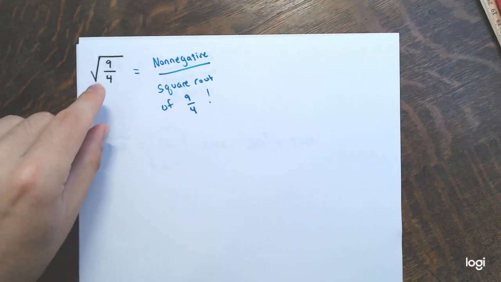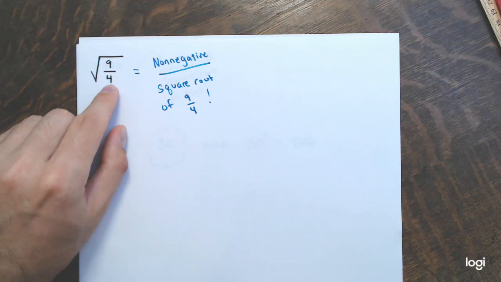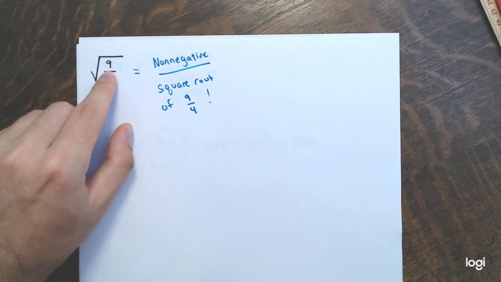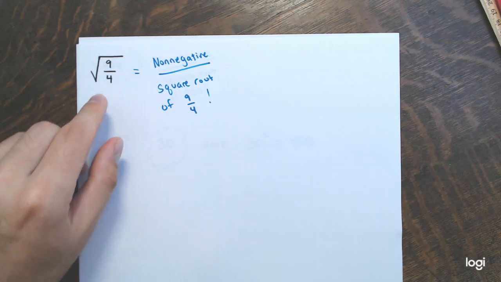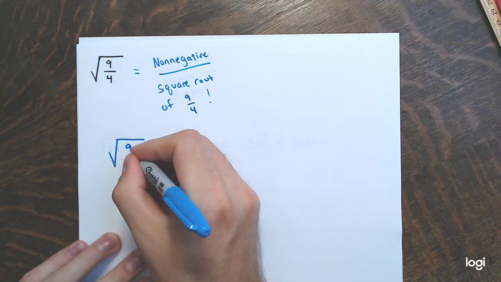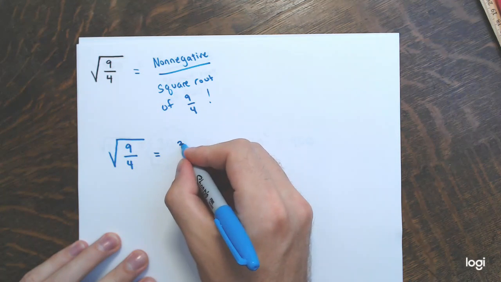And it's really as simple as, you remember how 9 is a perfect square? That's 3 squared. 4 is also a perfect square, that can be written as 2 squared. So when you're looking at a fraction, you can take the square root of the numerator and the square root of the denominator separately. So the square root of 9/4 is 3 in the numerator.